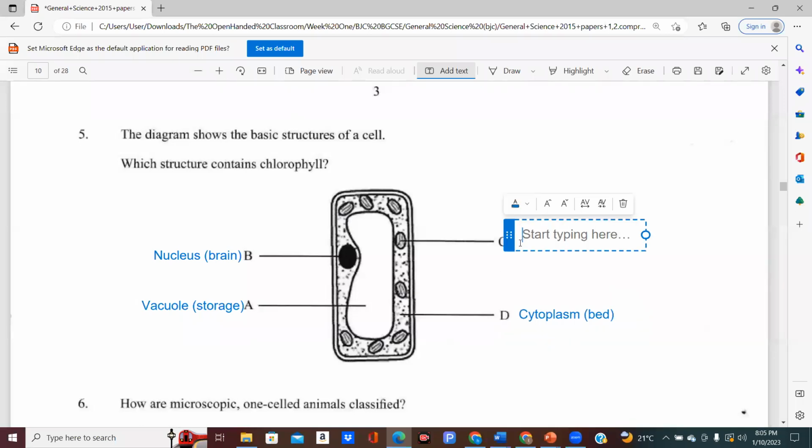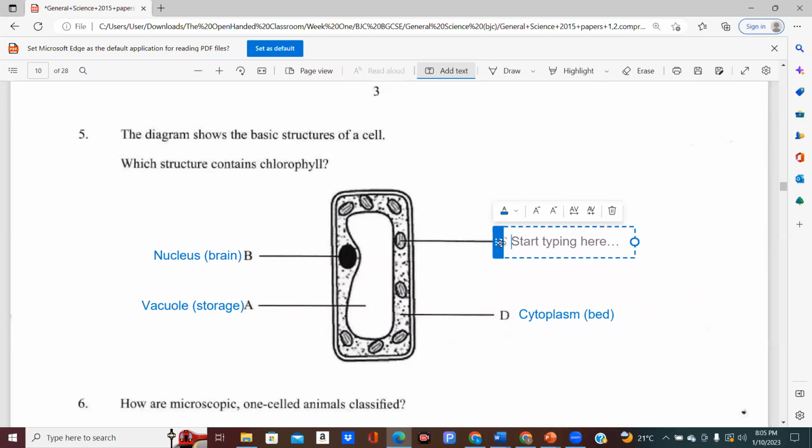And finally, C is the what? Not mitochondria, not ribosomes. Chloroplast. Okay, that's chloroplast, and that part contains chlorophyll.